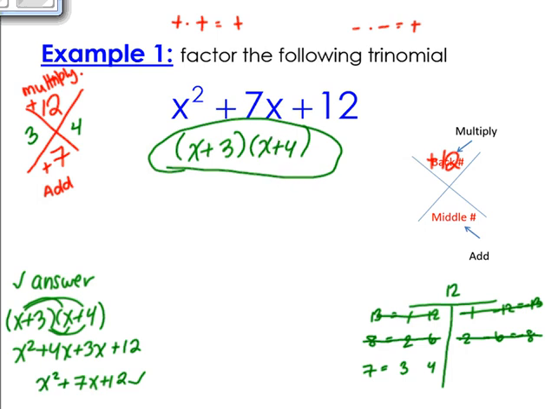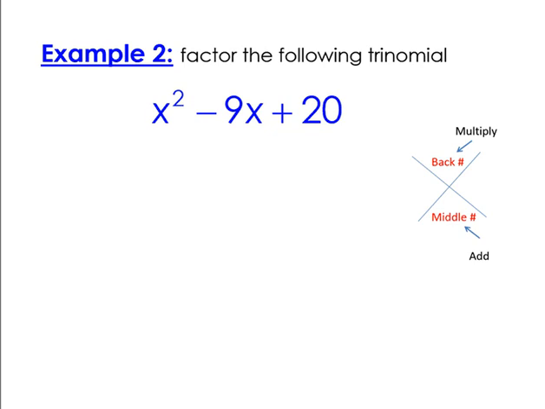Okay, so let's try another one. So I need to multiply to get positive 20, and I'm adding to get negative 9. Again, this number up here is positive, which means these two signs are going to need to be the same, because a negative times a negative is a positive, and a positive times a positive is a positive. Therefore, since this number is negative, these are both going to have to be negative numbers.